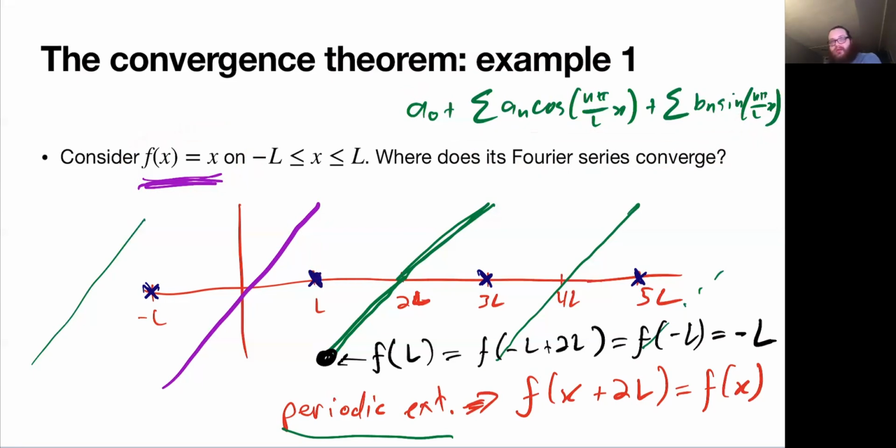So the function and the series don't agree, but it turns out it's not too bad. Anyways, we don't know the coefficients, but we know what the sketch of the Fourier series looks like.